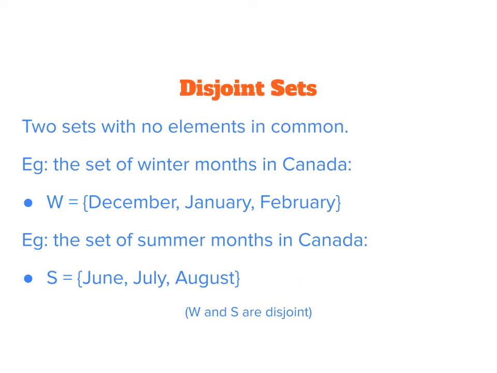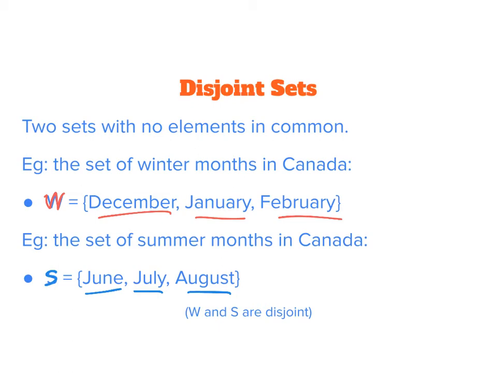Disjoint sets. So two sets that do not have any elements in common. So we have the winter months in Canada, W, which were December, January, and February. We also could talk about the set S, which is the summer months in Canada, June, July, and August. And the key thing here is there's no two elements which are in common.